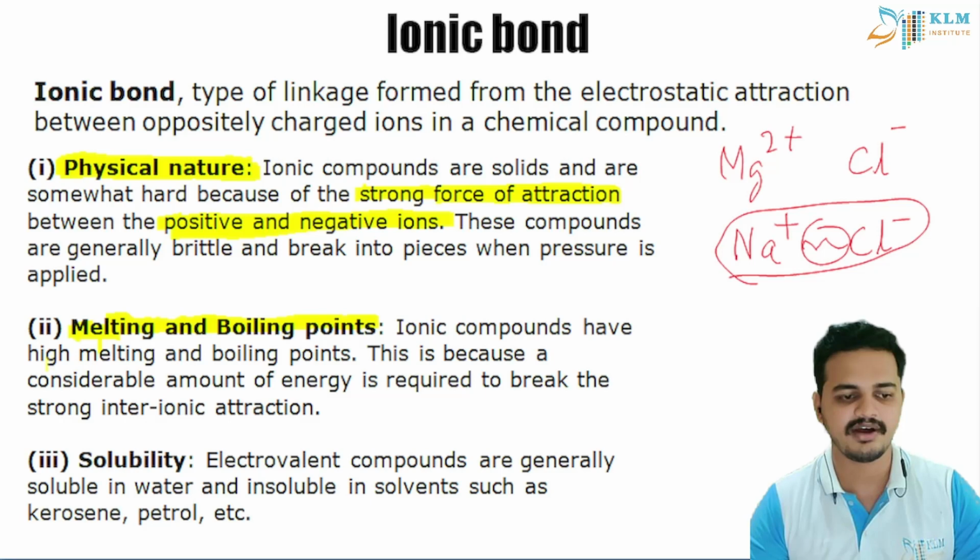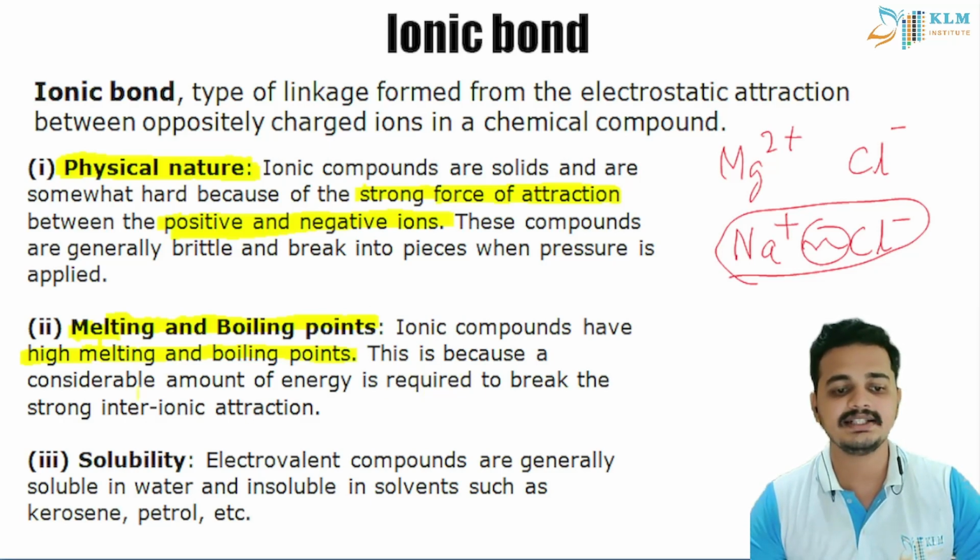Ionic compounds have fixed, high melting and boiling points. I will show you some examples. This is because a considerable amount of energy is required to break these bonds. It is not easy to break such a strong bond because it wants to be in the octet structure. It does not want to get out of it.